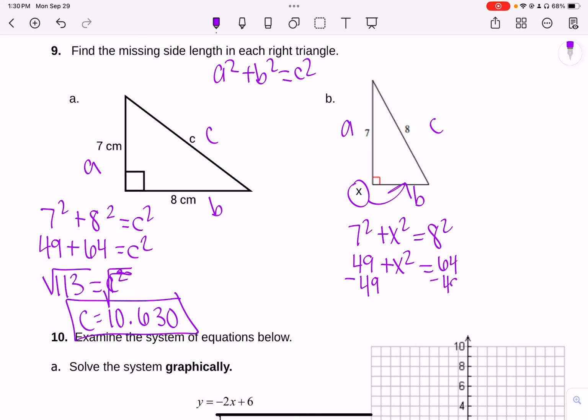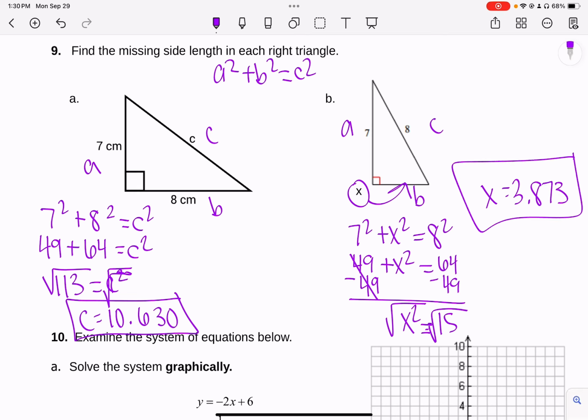So we're still treating this like we would if it's just a regular x. So we're doing 64 minus 49 is 15. And now we can take the square root of that to get our answer. So x is 3.873 if I go out 3 decimal places.